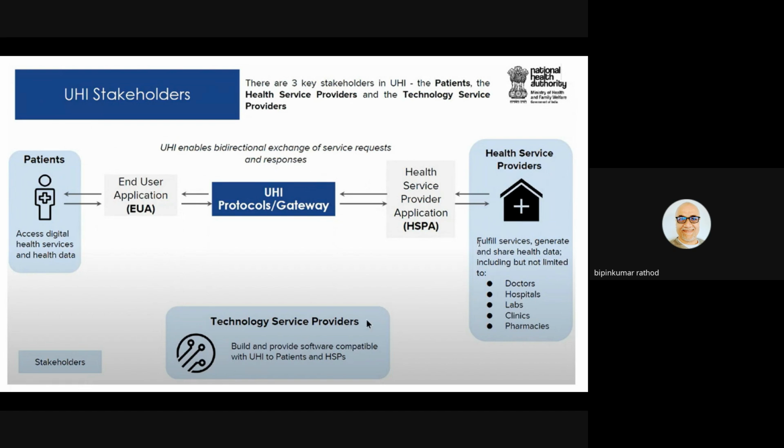This is the stakeholder list. We already saw it in our lecture yesterday, but now you see the patient, the technology service provider, and the health service provider are the main stakeholders of our unified healthcare system.